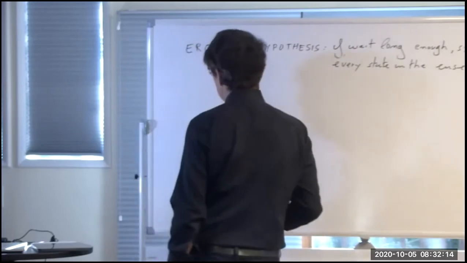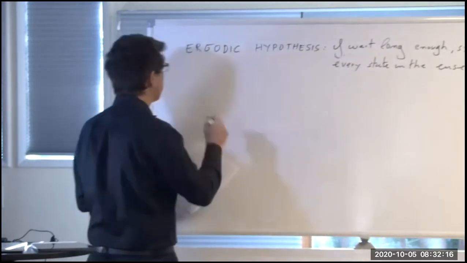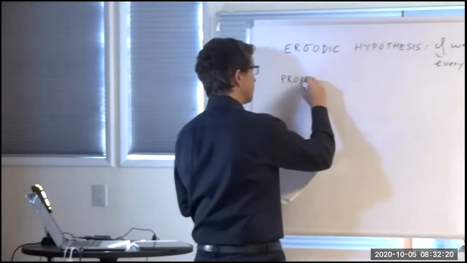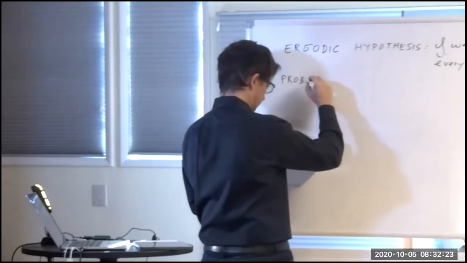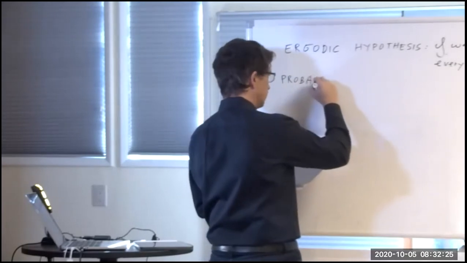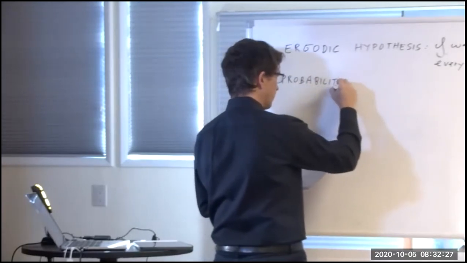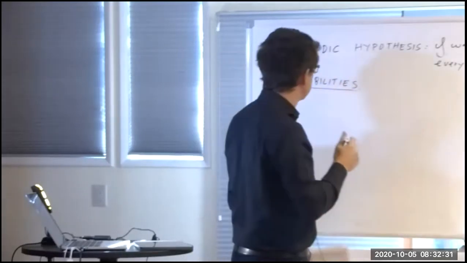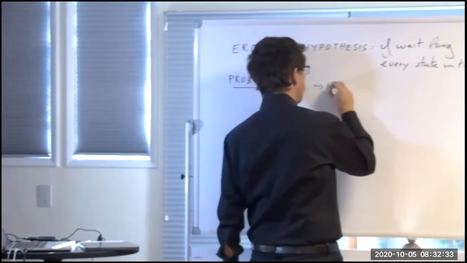So how do we get to probabilities? We start from a true postulate, which is called equal a priori probabilities.